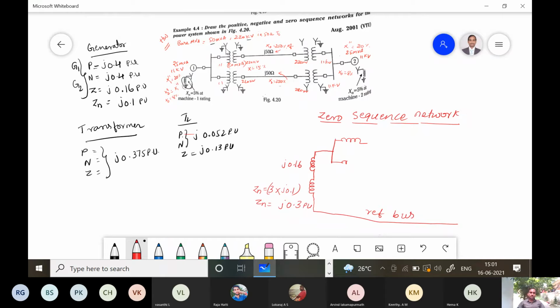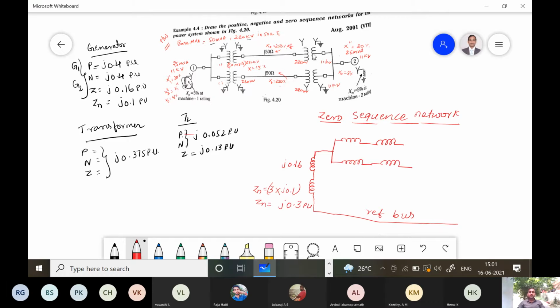All are star grounded. Star grounded means the series switch is closed, so both on the primary side and the secondary side, the series side is closed. And draw the transmission line as it is.